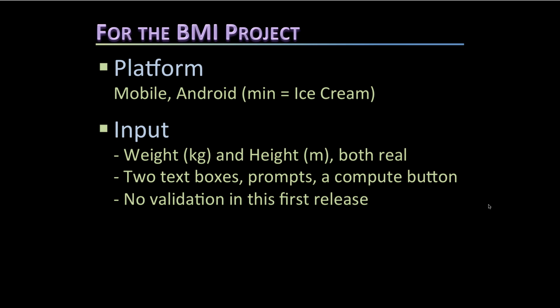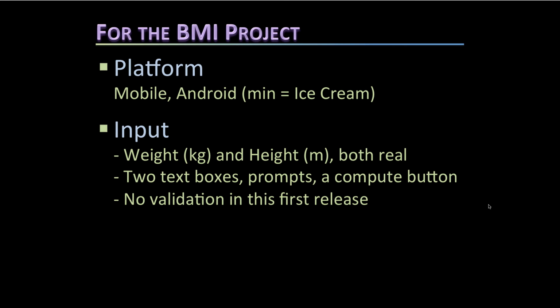And let's say the user wants these boxes to be arranged vertically, the weight on top and under it the height box. There should be some prompts so the user knows which box corresponds to what entry. And then there should be a button underneath the height. When the user pushes the button, the answer should appear.